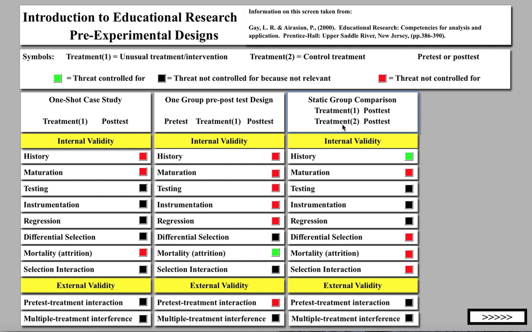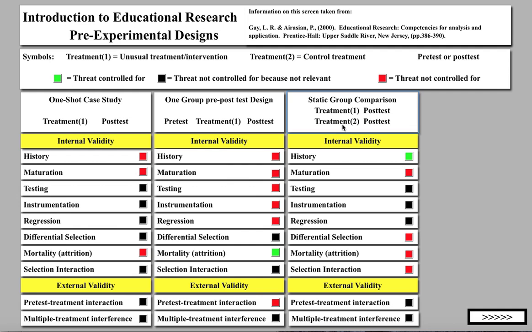On the other hand, the presence of a comparison group does control for historical threats, because it's assumed that if any outside events took place during the history of the research, it would have affected both groups. So history is accounted for. Although this design has many, many limitations, it is occasionally used in a preliminary or exploratory study before launching into a much larger study.